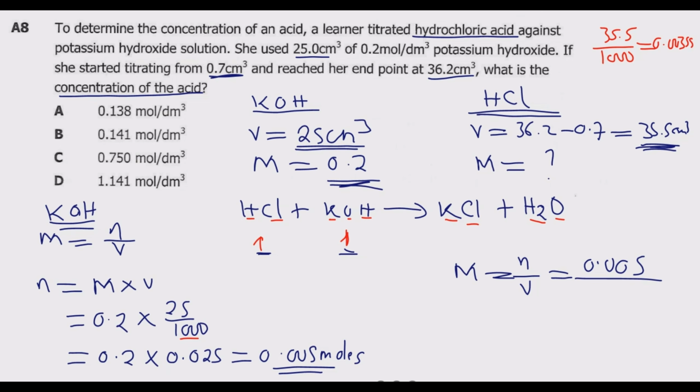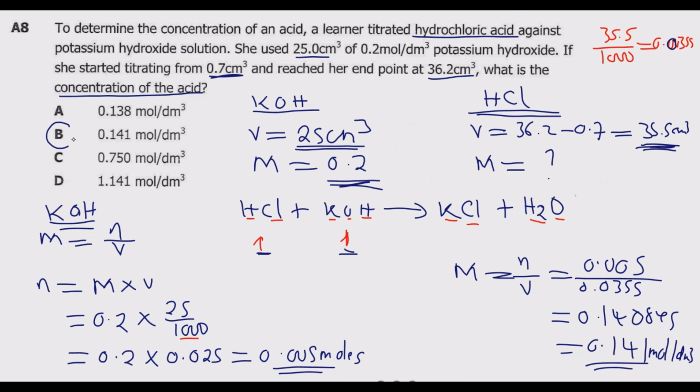So here we come and divide by 0.0355. Then what do we get? We are going to end up with 0.140845, which is the same as 0.141 moles per decimeter cubic, which you will notice is B in this case.